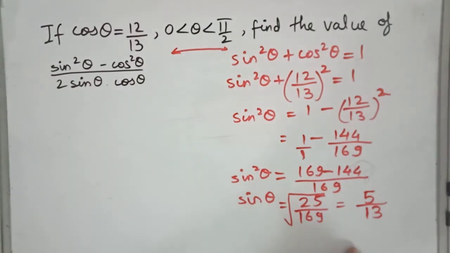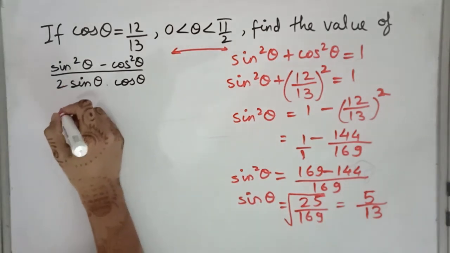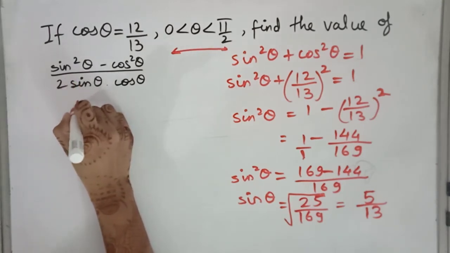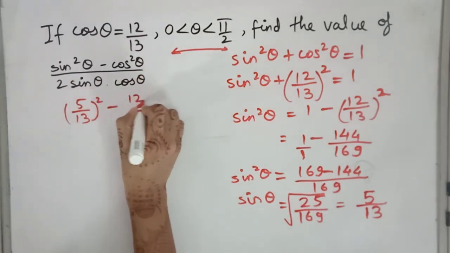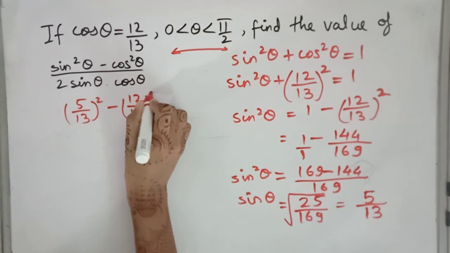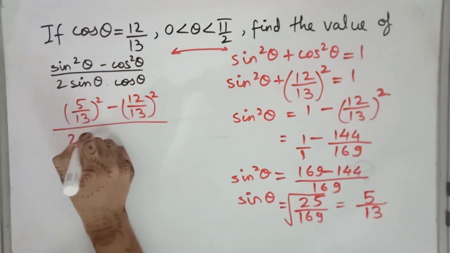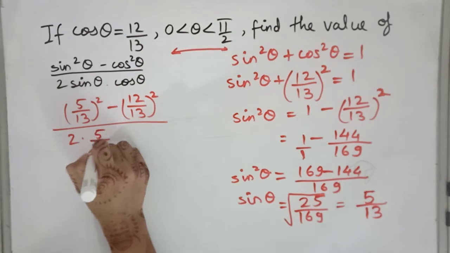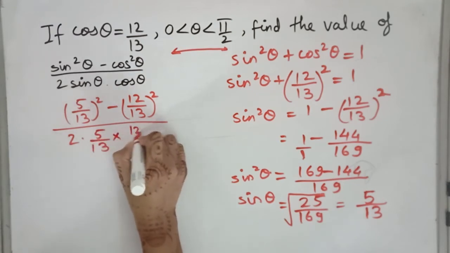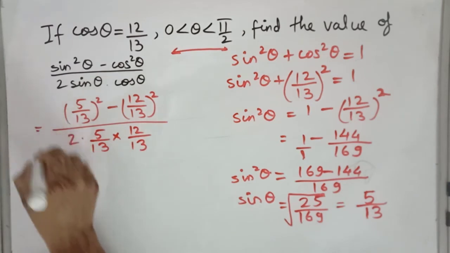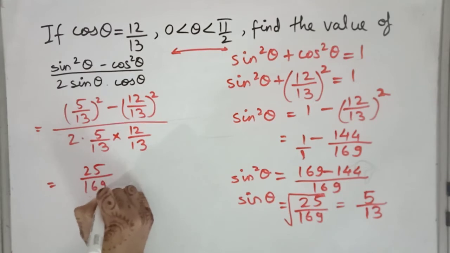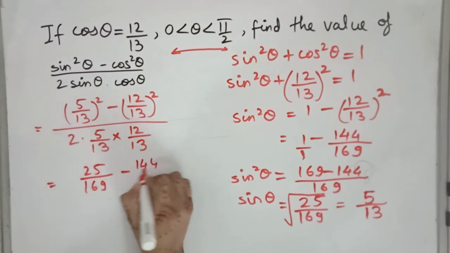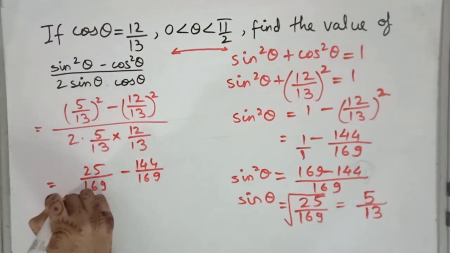Now we will put the value of sin theta and cos theta in the given question. Sin square theta, that is 5 upon 13 square, minus cos square theta is 12 upon 13 square, upon 2 into sin theta is 5 upon 13 into cos theta is 12 upon 13. 5 square is 25 upon 169 minus 144 upon 169.